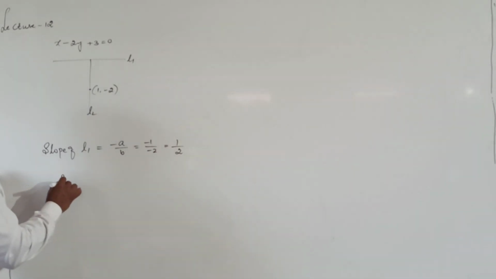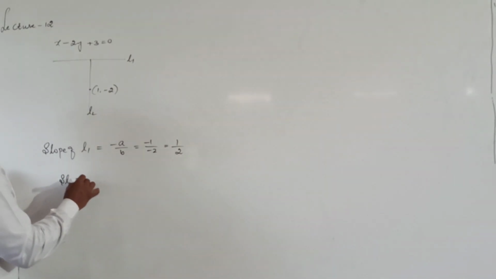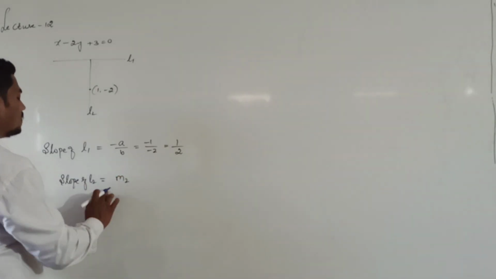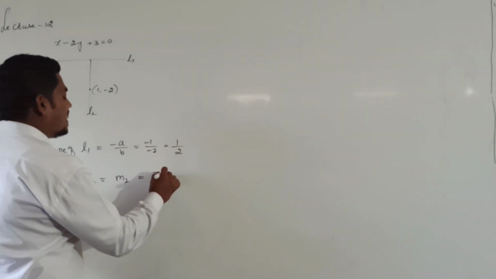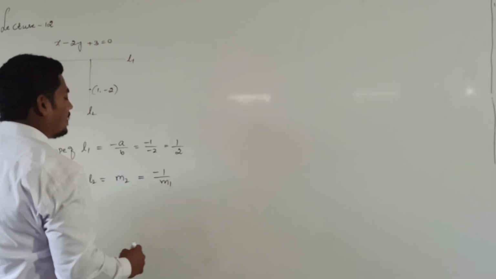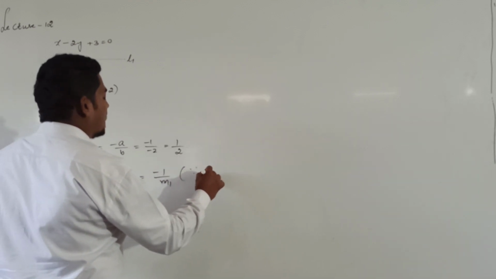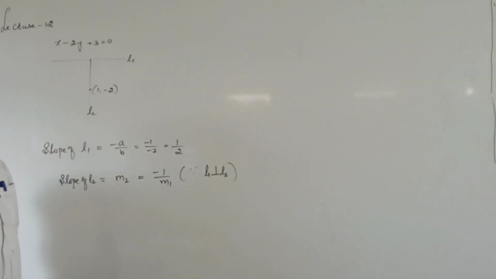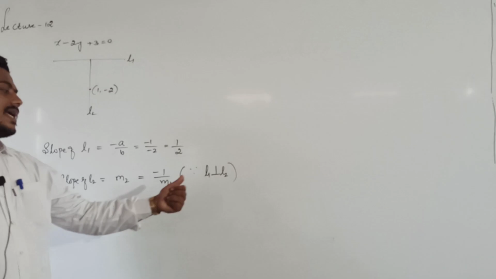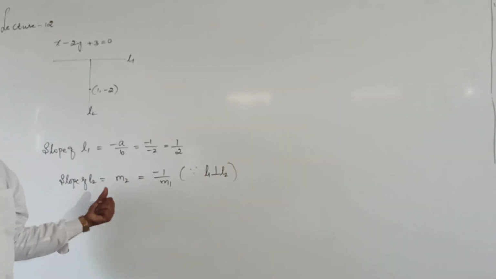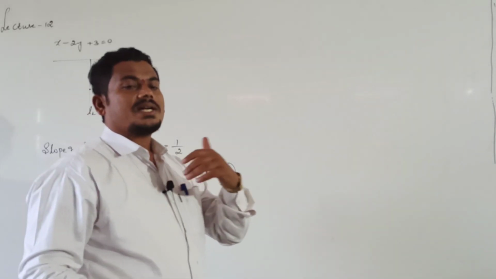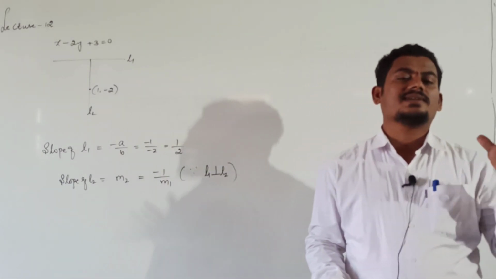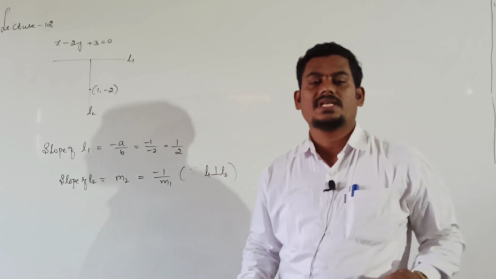Then tell me what is the slope of line 2? Slope of L2, denoted with m2, is equal to minus 1 divided by m1. Why? Because L1 is perpendicular to L2. If line 1 is perpendicular to line 2, then the product of their slopes equals minus 1, or the slope of one line is the negative reciprocal of the slope of the other line.